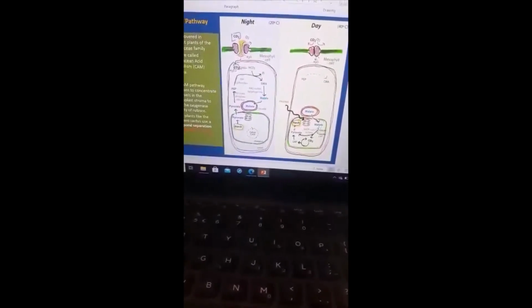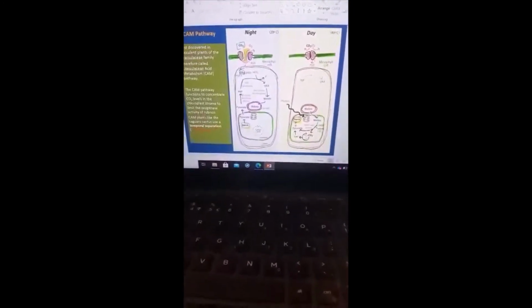Then when this malate is broken, the carbon dioxide is released, just like the carbon dioxide also being released in the vascular bundle sheath cells in C4 plants. The released carbon dioxide enters the Calvin cycle.